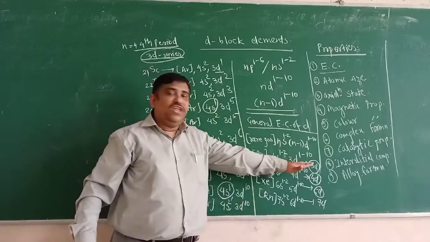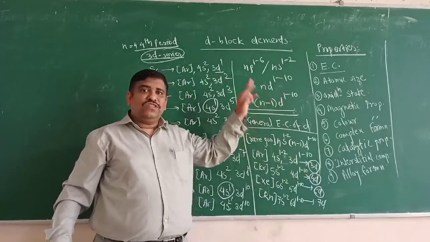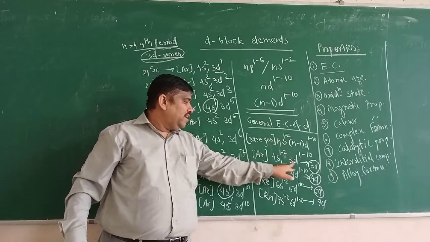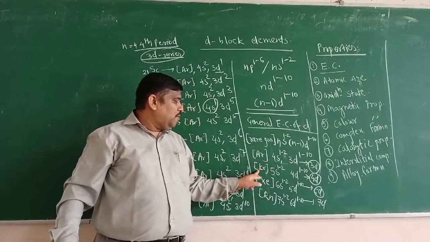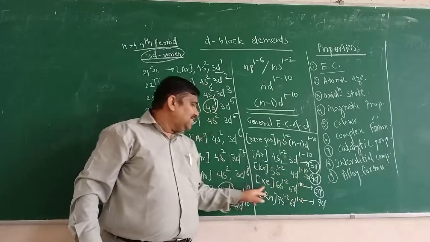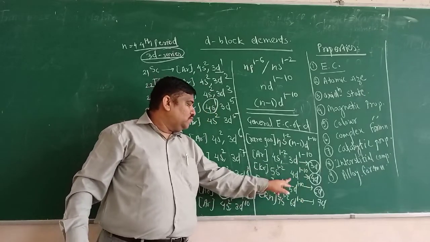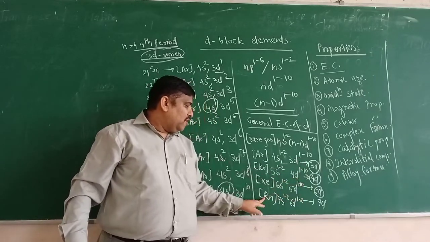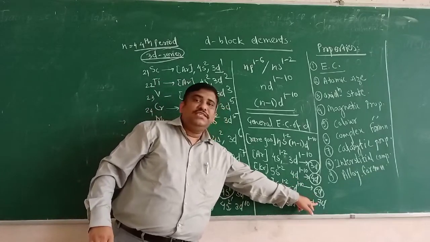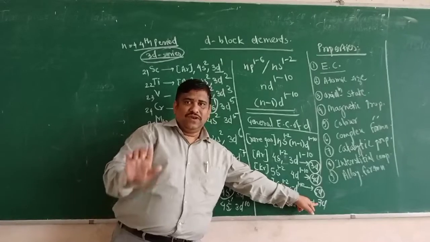So for 1 mark you are supposed to write only a 1 line answer. If they ask for the 3d series, argon 4s 1 to 2, 3d 1 to 10. For the 4d series, krypton 5s 1 to 2, 4d 1 to 10. For the 5d series, xenon 6s 1 to 2, 5d 1 to 10. And radon 7s 1 to 2, 6d 1 to 10 for the 6d series here.